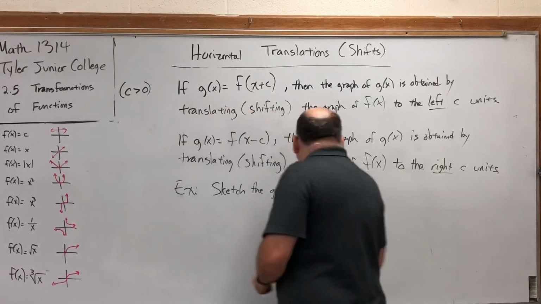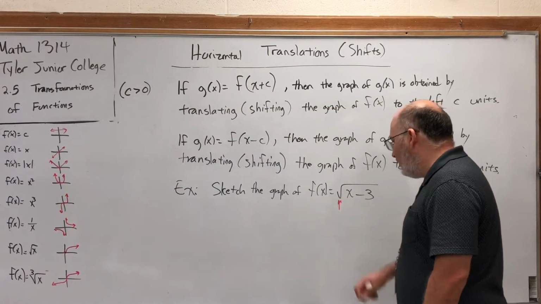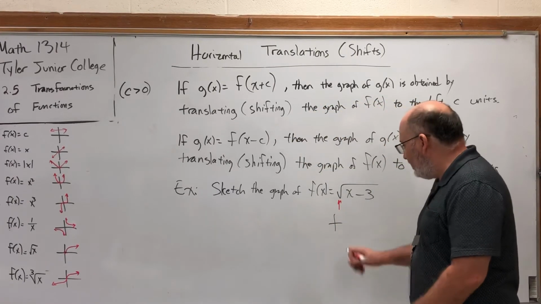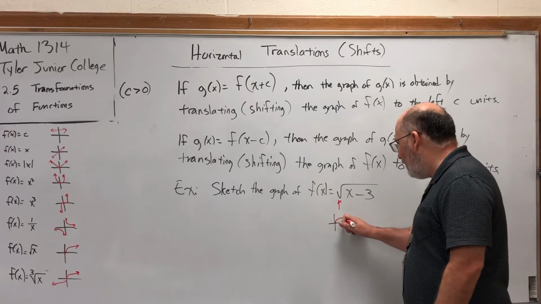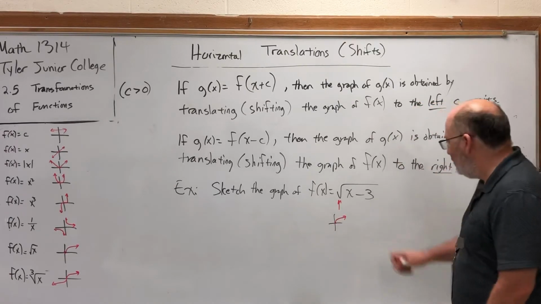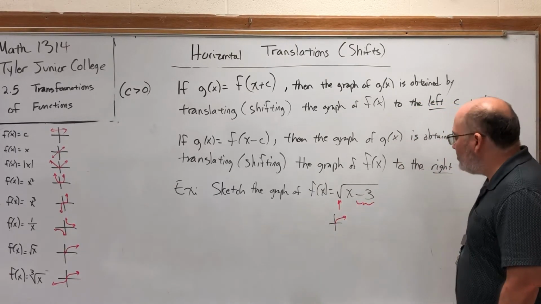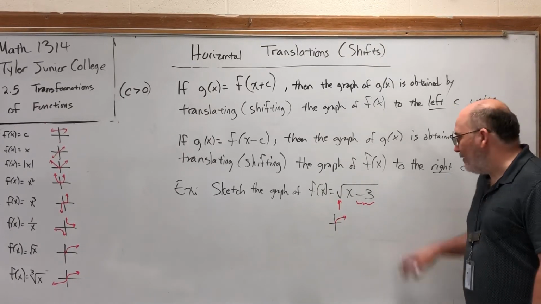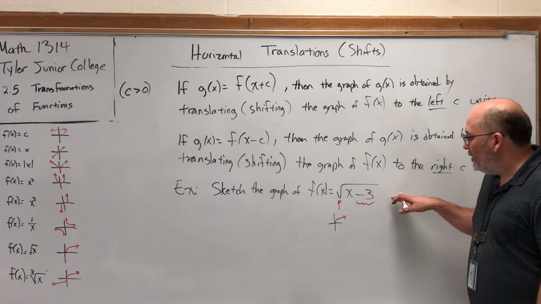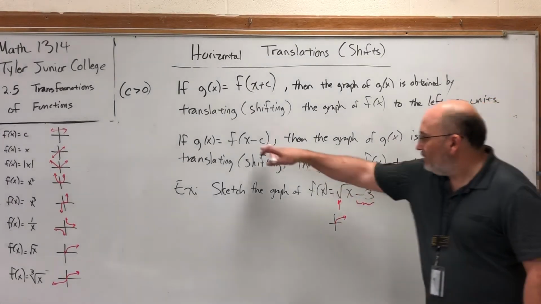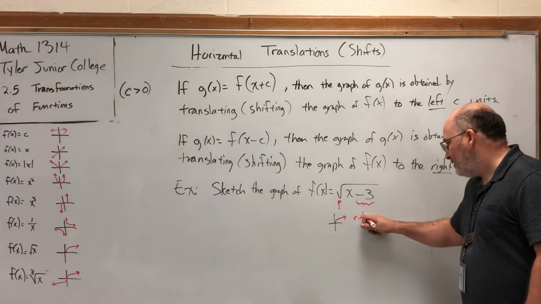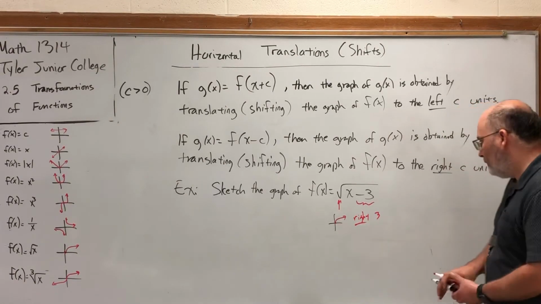From the square root function, we know that the original graph, before anything happens to it, starting at the origin, is the top half of a parabola that opens to the right. But what transformation does the minus 3 on the x invoke? Not down 3, it would have to be out here to go down 3. A minus on the x invokes a translation to the right. So we would go to the right 3.